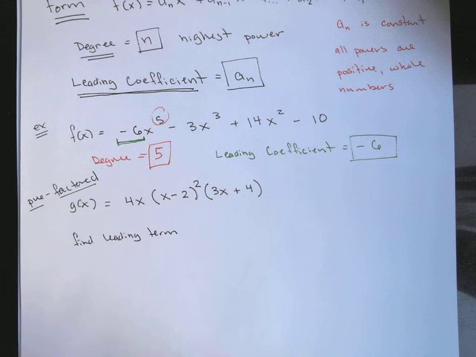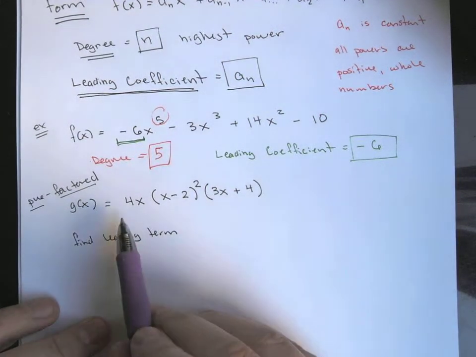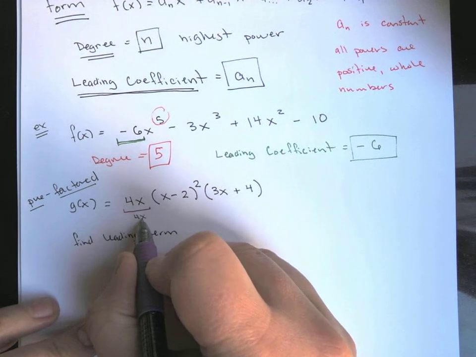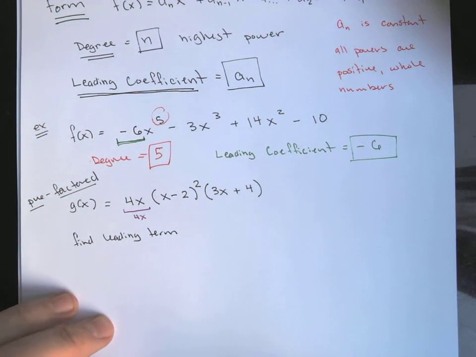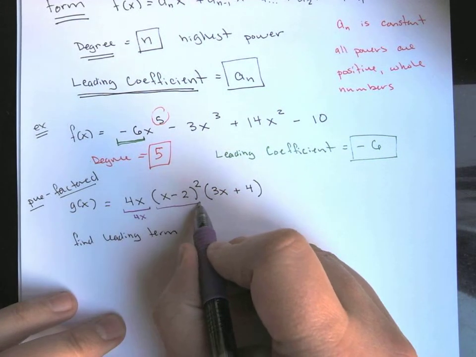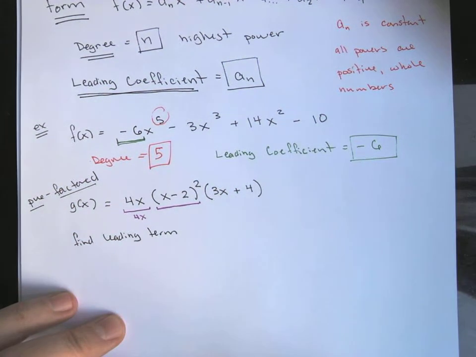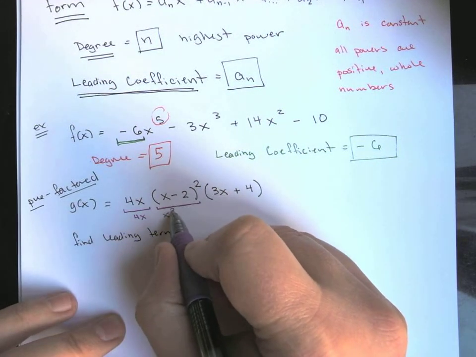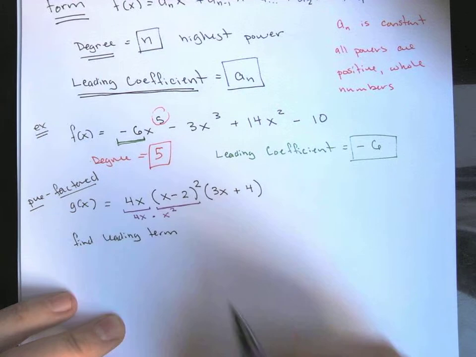The way I'm going to do that is to look at what values I'm getting from each of these sections. What's the biggest thing I'm getting from each of these three chunks? Obviously 4x is a part of it by itself. If I have this middle term, x minus 2 quantity squared, and I expand that out, FOIL it or do the box multiply, x minus 2 times x minus 2, the biggest term I'm going to get is x times x, which is x squared.